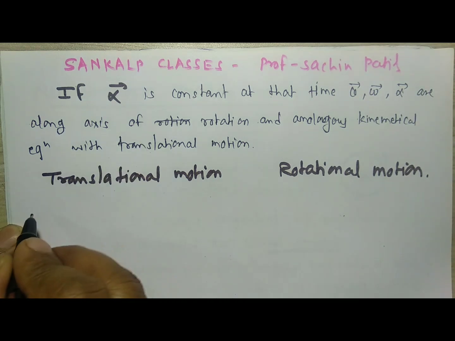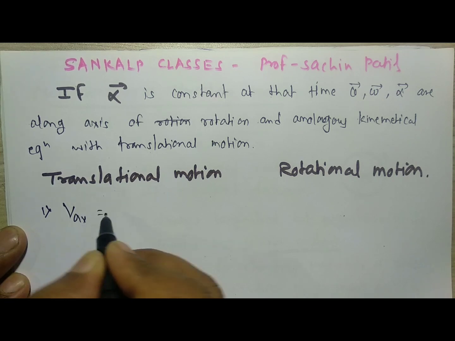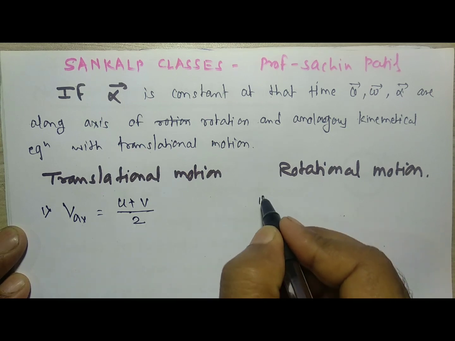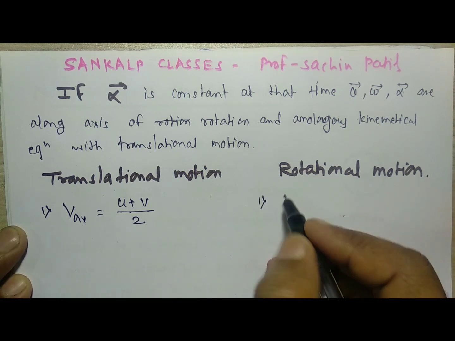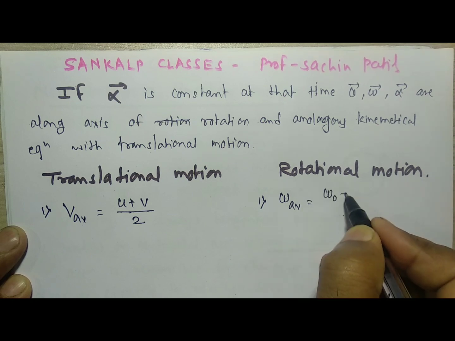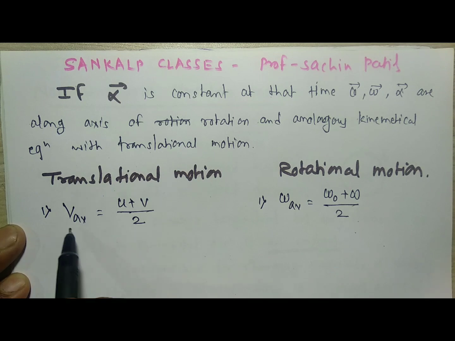First of all, we consider V average is equal to U plus V divided by 2. Here we will get omega average is equal to omega 0 plus omega divided by 2. Here V average is the average linear velocity.